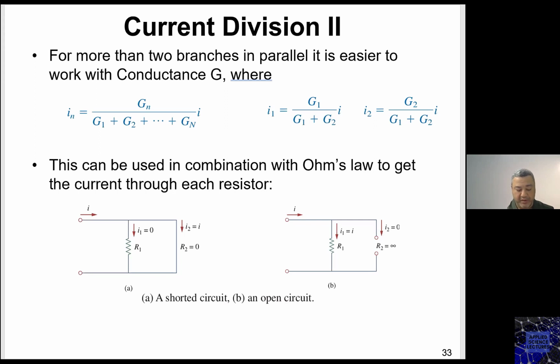Now, for the resistance, we can only use two branches. The advantage of the conductances is that I can use as many branches as I want. In this case, I will be dealing with I1 as proportional to the conductance of the same branch for the current that I would like to find.